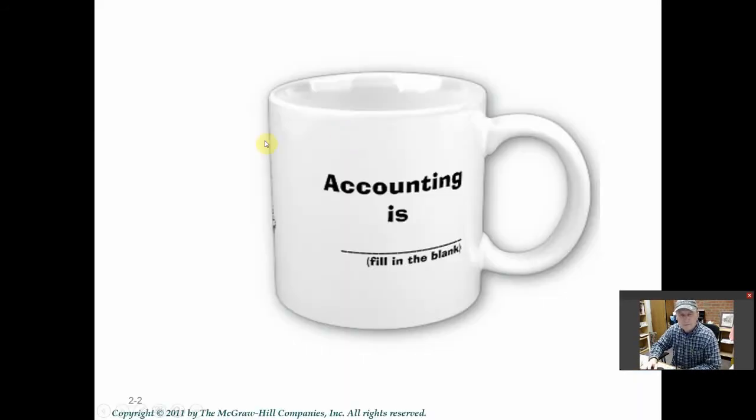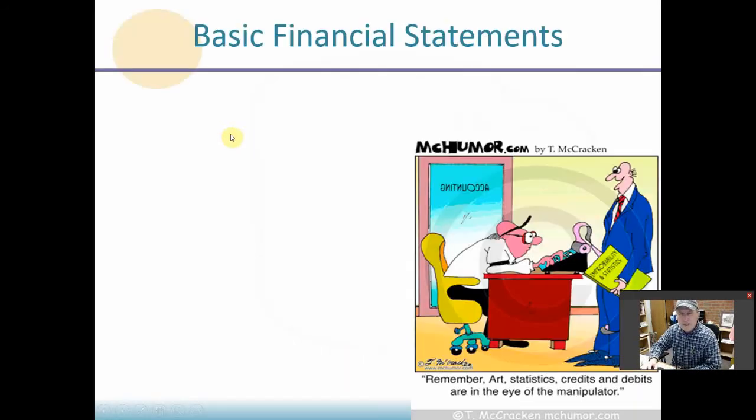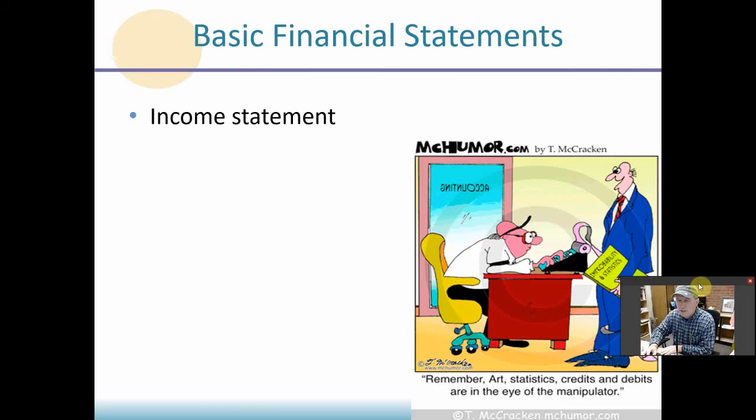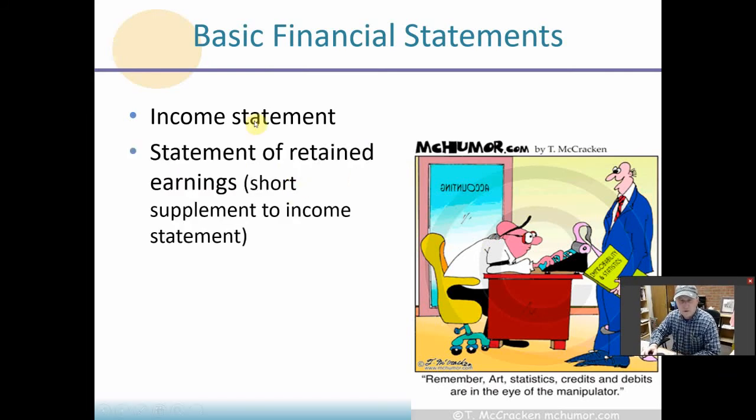So again, we're kind of in a spot here where we're still reviewing accounting, just some of our basic Accounting 1, Accounting 2 reminders. Got to get that out of there so you guys can see the deal. So we'll talk about the basic financial statements, of course, including the income statement.